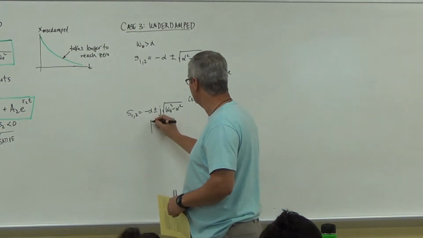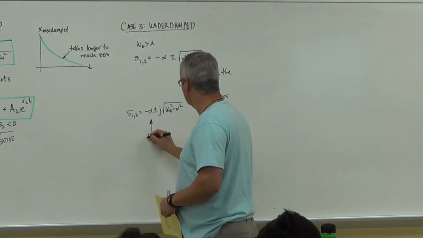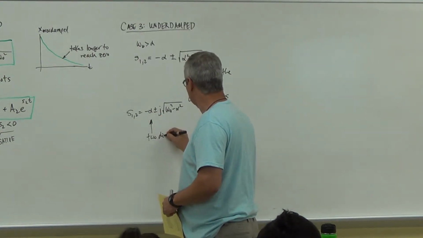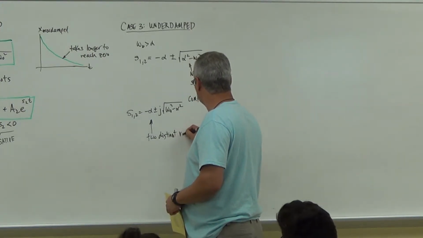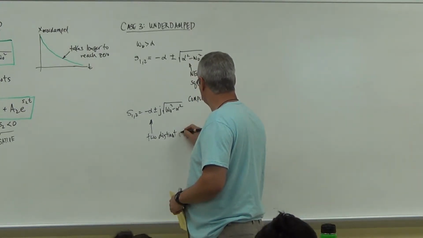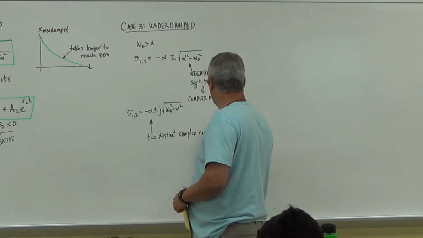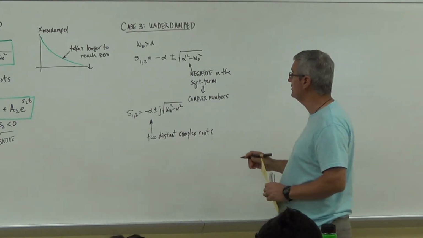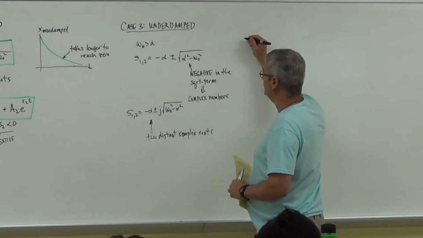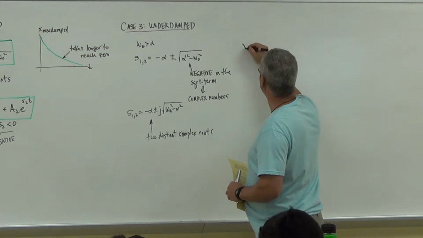And so what I get is two distinct complex roots for this scenario. So when I look at my solution, it should be like this.